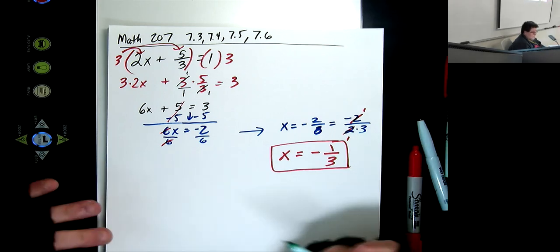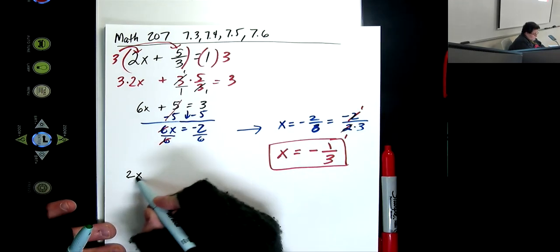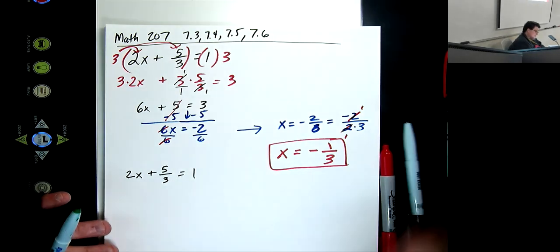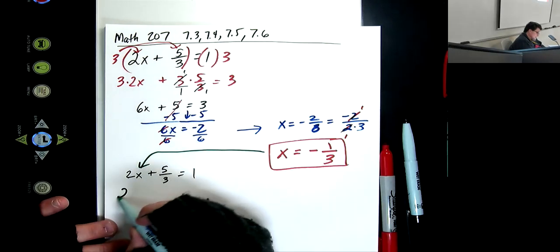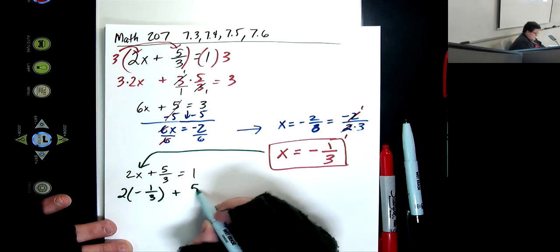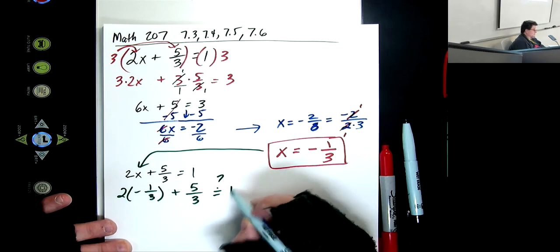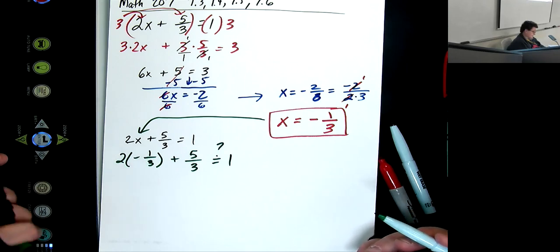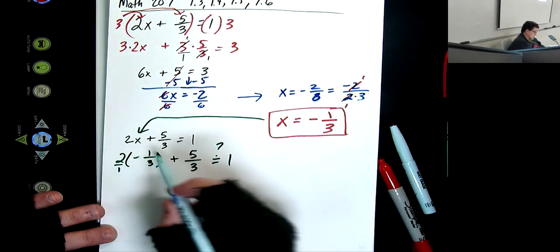I can check my work, and I'm going to show you the walkthrough for it. I'm going to rewrite my original equation, and now I'm going to substitute in that value for x. Two times -1/3 plus 5/3. Does that equal 1? This is like 2/1, so I can multiply these two fractions.